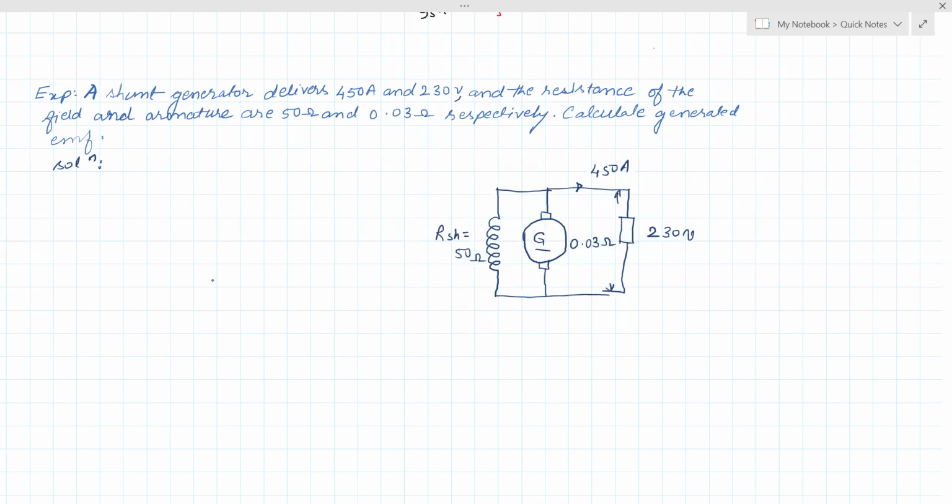Now, what are we going to calculate? We are going to calculate the generated EMF. So first of all, we will calculate the shunt field current ISH. If we are able to calculate the shunt field current ISH, then it is ready to calculate the armature current IA.